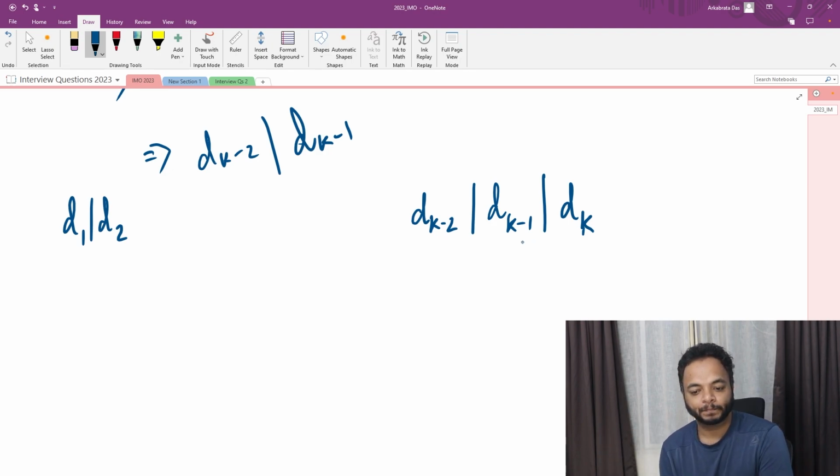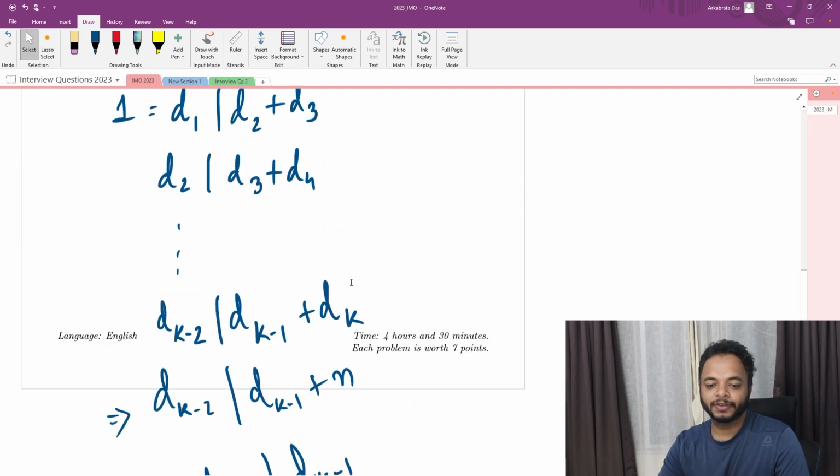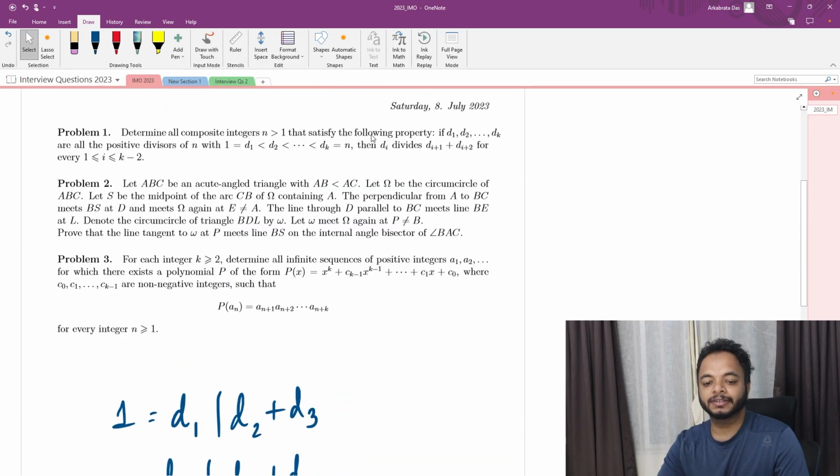So then what? Now how can we utilize this? We know something about the divisors: if we combine the first divisor with the last divisor, the product is n.